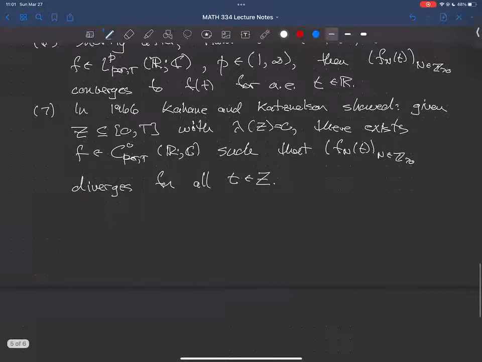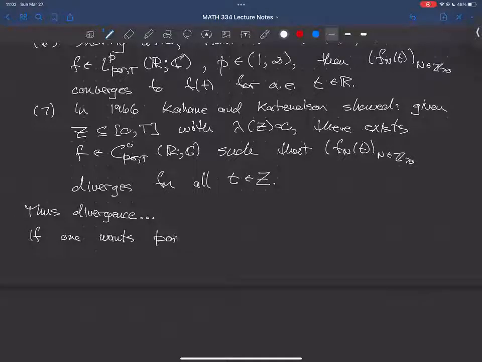Okay, so thus divergence. Okay, so now if one wants pointwise convergence, let's say, or maybe uniform convergence.